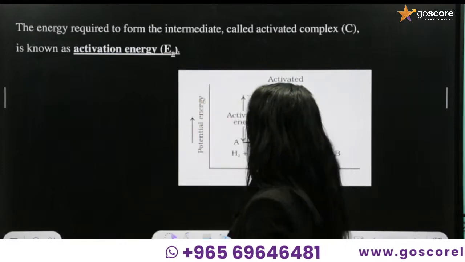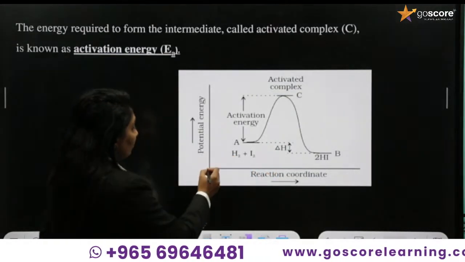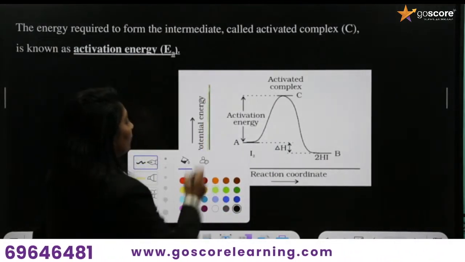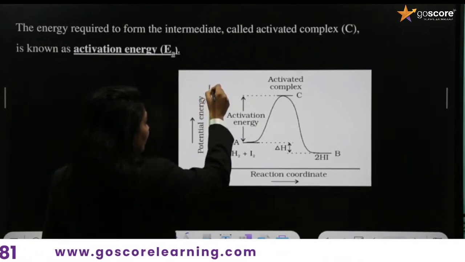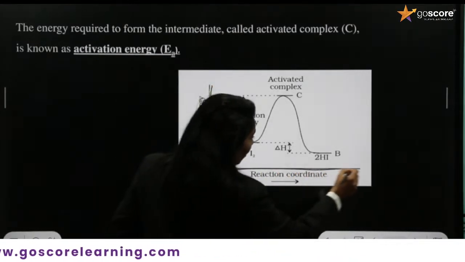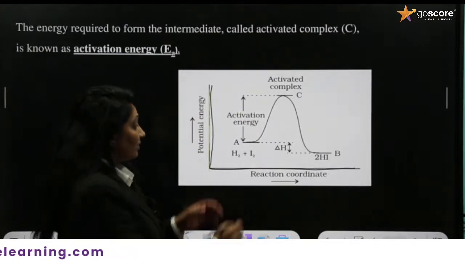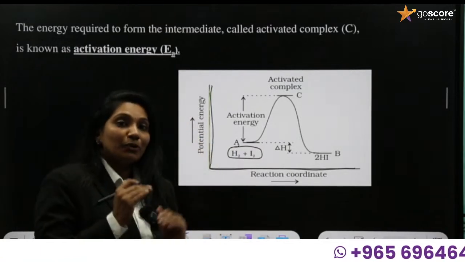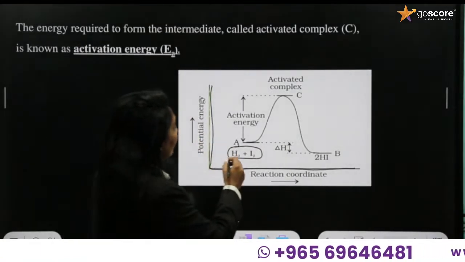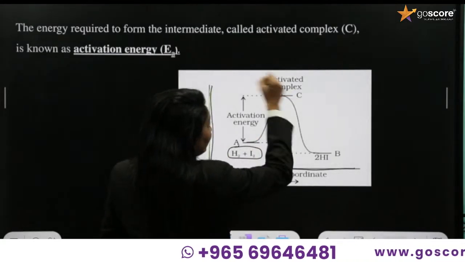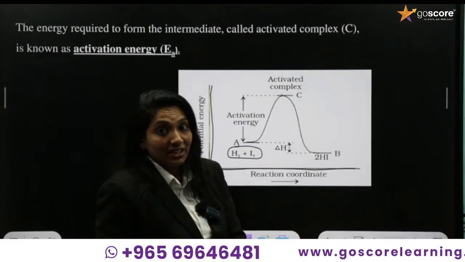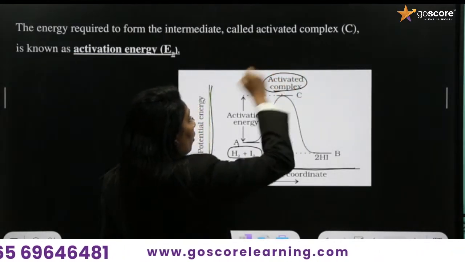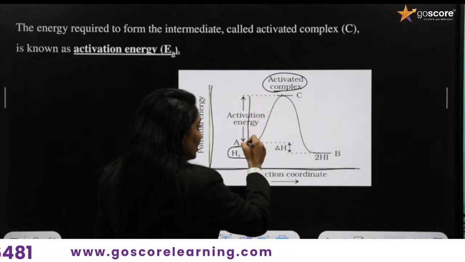Okay, so here we can see, if you plot a graph of potential energy versus the reaction coordinate, you can see that for the reactant molecules, that is hydrogen and iodine, the potential energy will be lower. It will react to form the activated complex, and the energy required to convert the reactant into this activated complex is the activation energy.